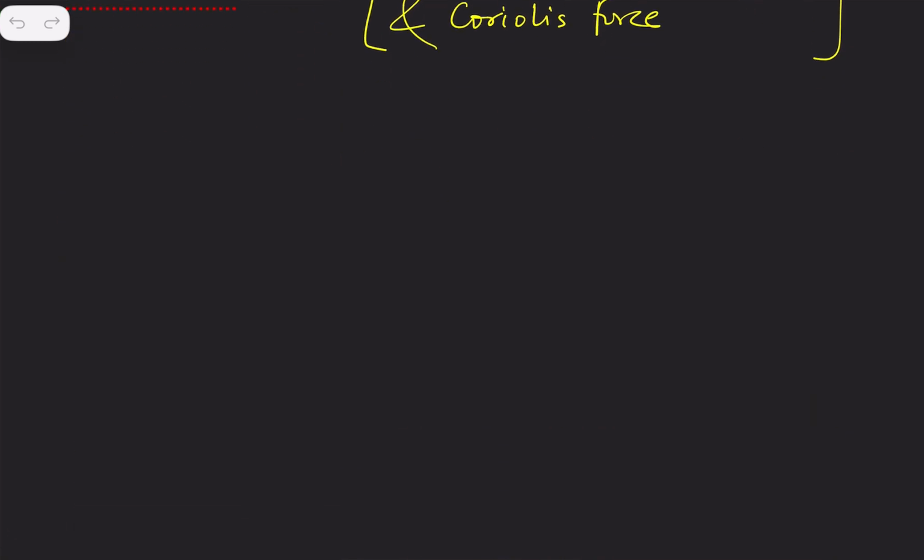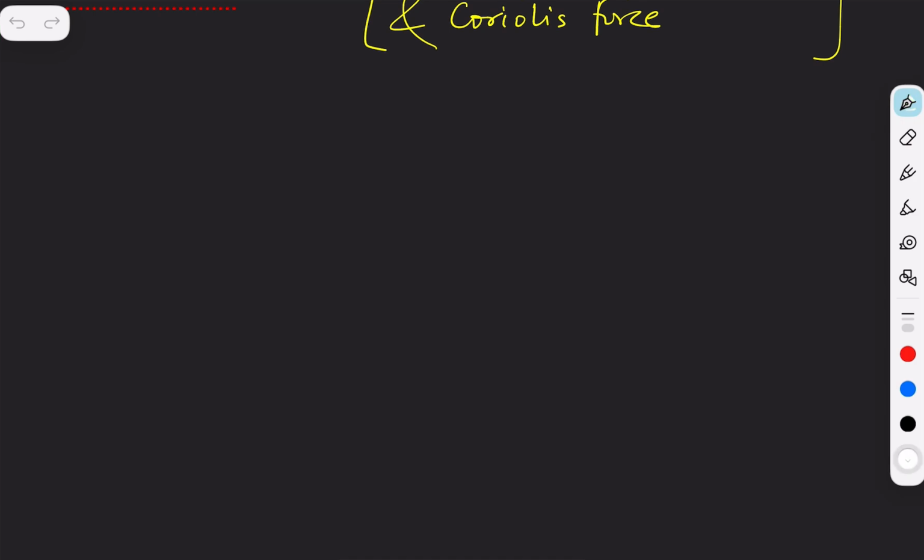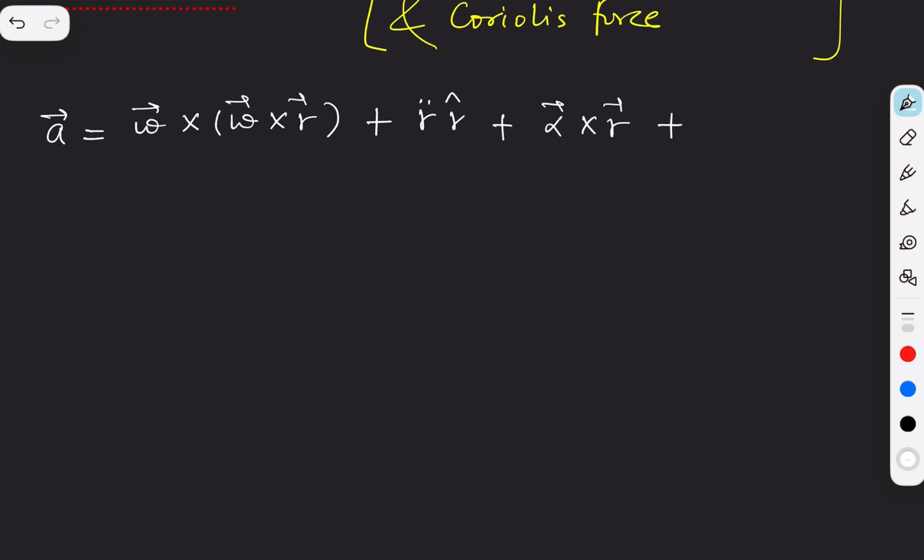If you see, the acceleration of the particle in general will be omega cross (omega cross r) plus r double dot r cap plus alpha cross r plus 2 omega cross v rot, or v rotational.